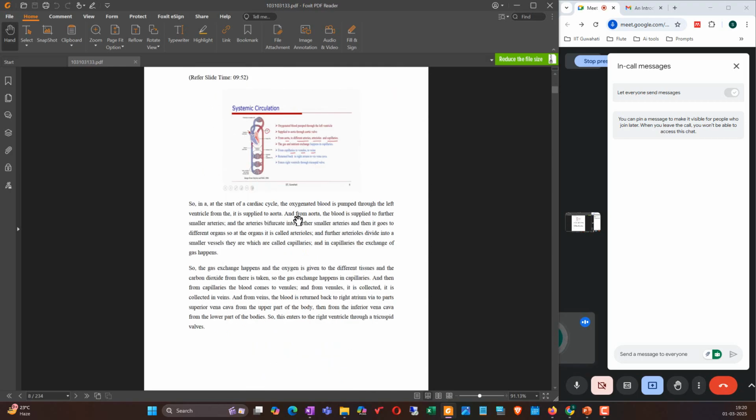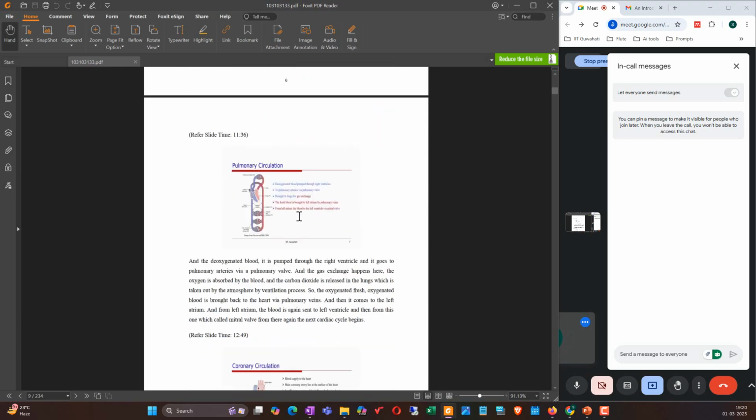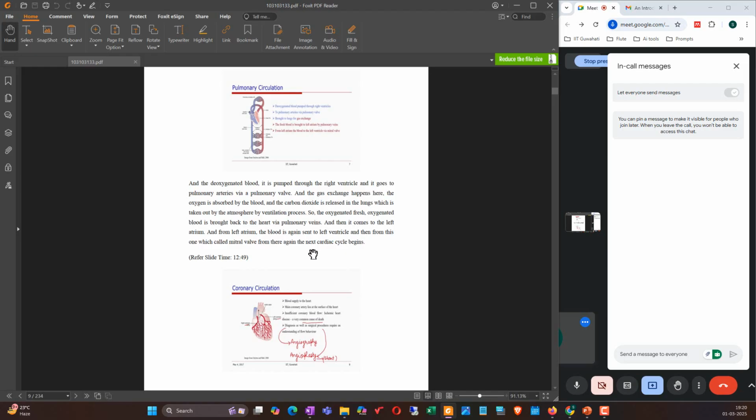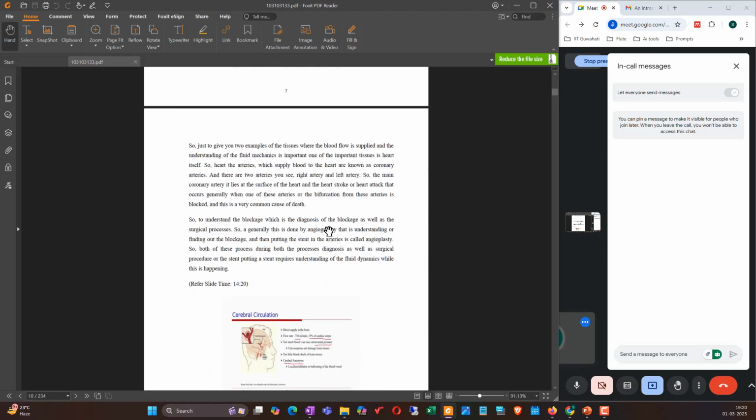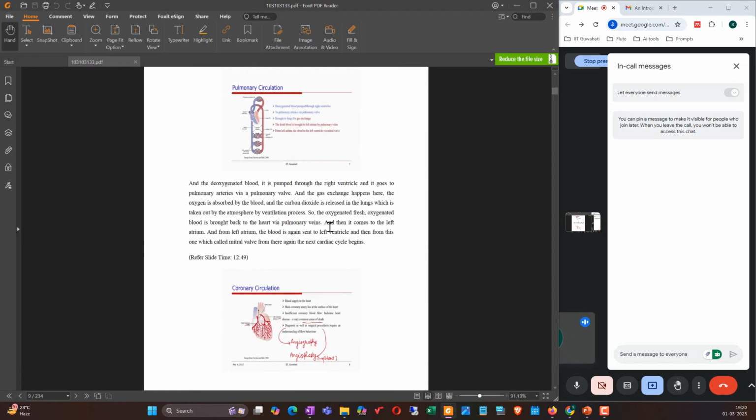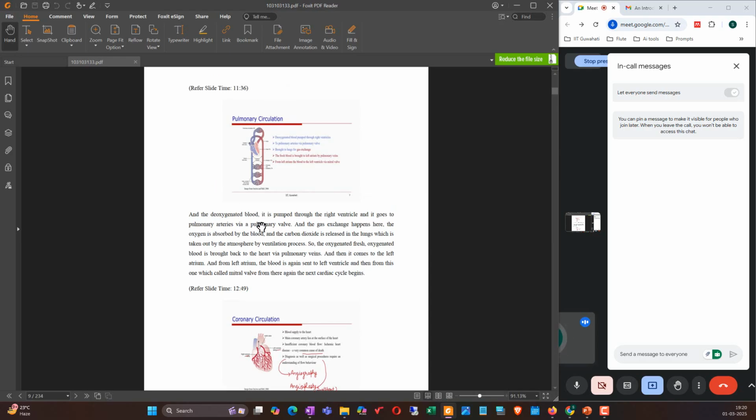And if you see here, any deoxygenated blood is pumped through the right side. This is the right side ventricle, and it goes to the pulmonary arteries via the pulmonary valve, and then the gas exchange happens here.